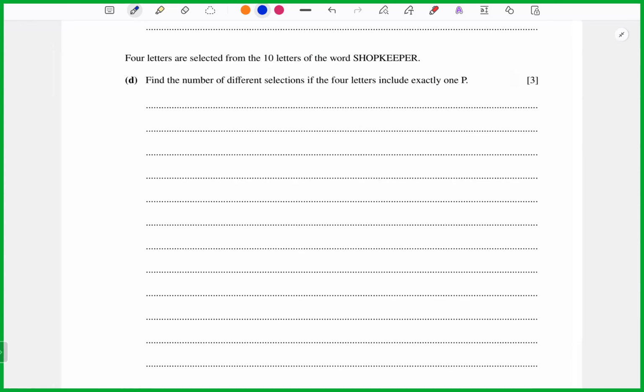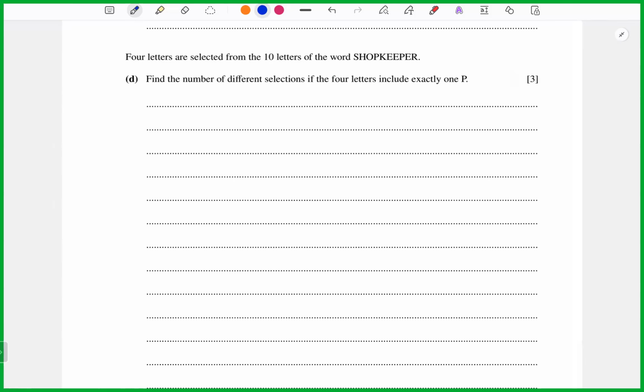Use the number of selections. I know this question confuses students, because some students use probability to calculate these questions, or sometimes use selections when the question is about probability.